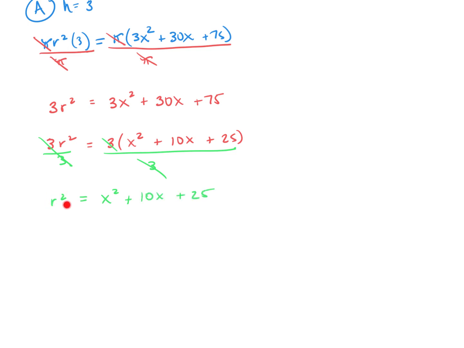All right, because the left side is the square of something, whatever our radius is, can we rewrite this as the square of something? So, quick check: x squared is a perfect square, 25 is a perfect square because 5 times 5 is 25. Is 10x twice the product of x and 5? And it is. This is a perfect square trinomial.